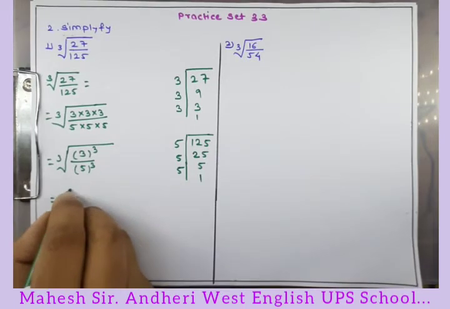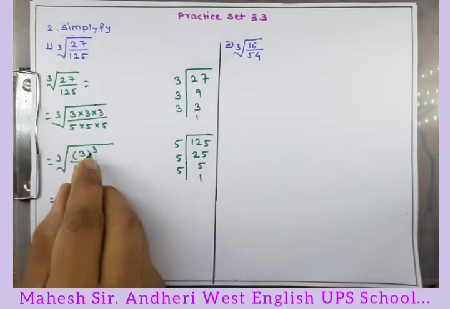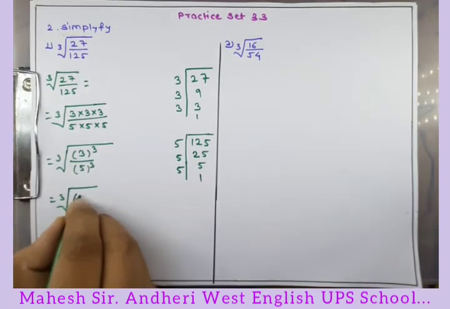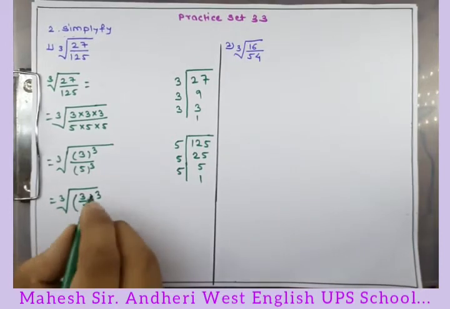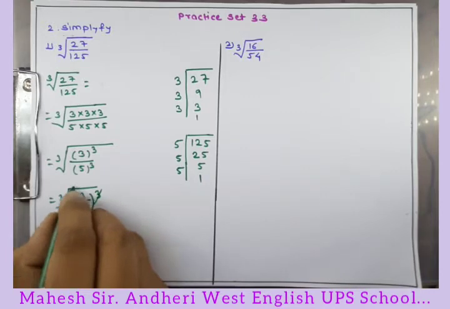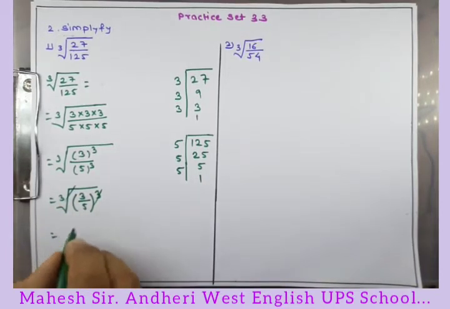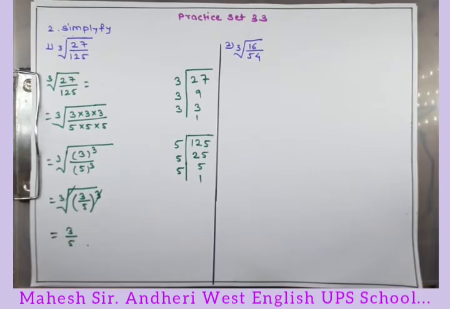So for this we can write 3 cube upon 5 cube. So cube and cube root will get cancelled, and we will get the answer as 3 upon 5, right?